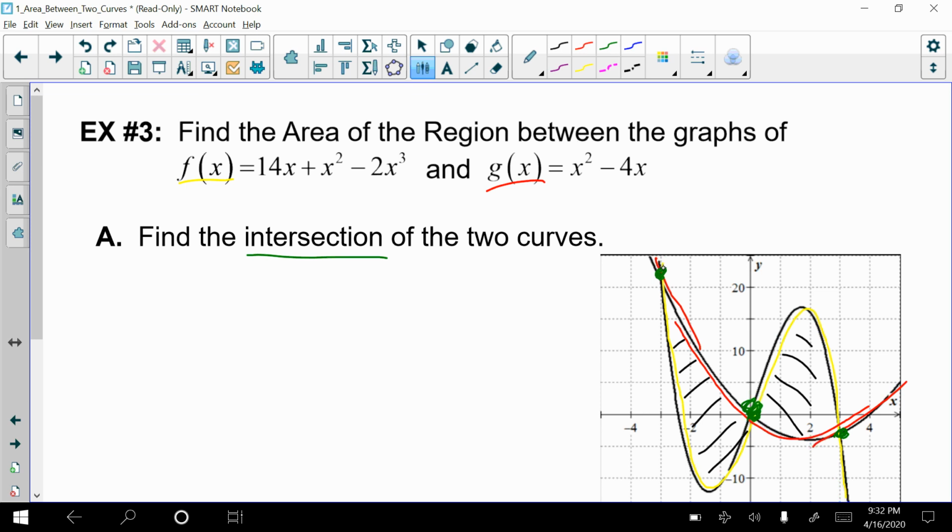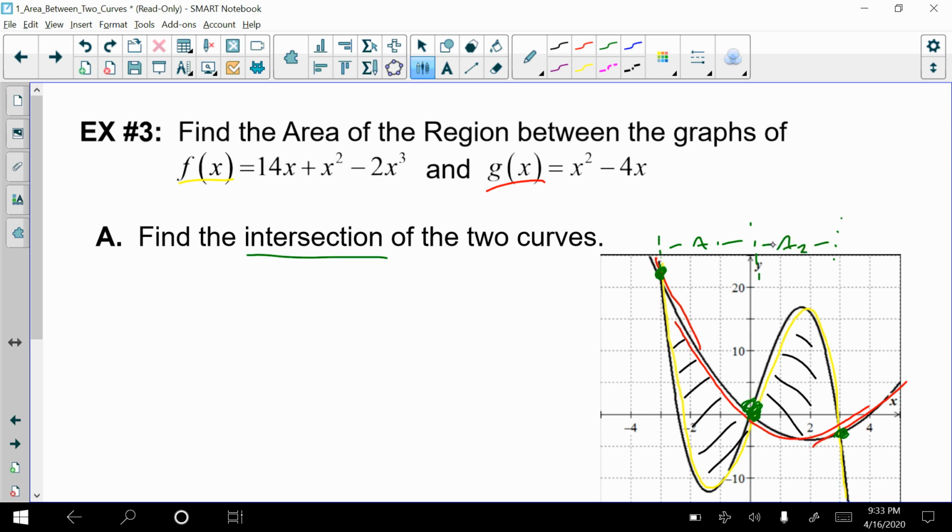Those intersection points are going to determine the boundaries of our intervals. So here and here is going to give us one area, and from about 0 to about here is going to give us our second area.